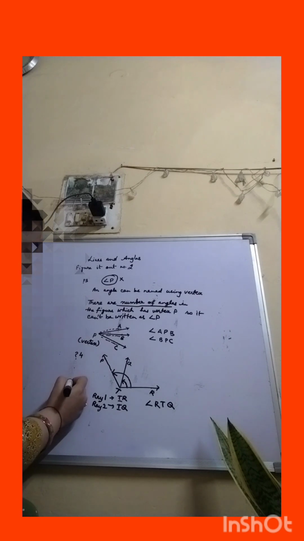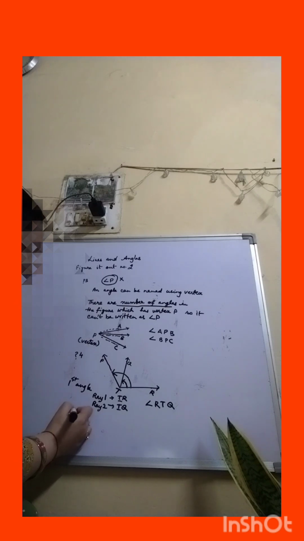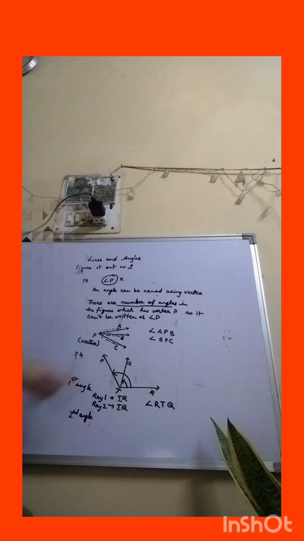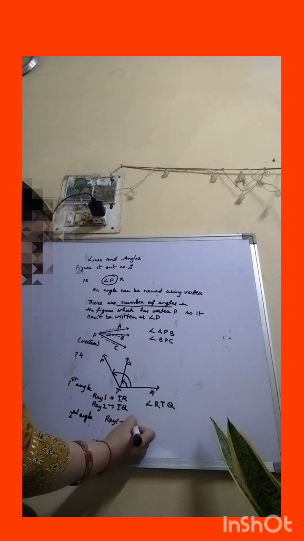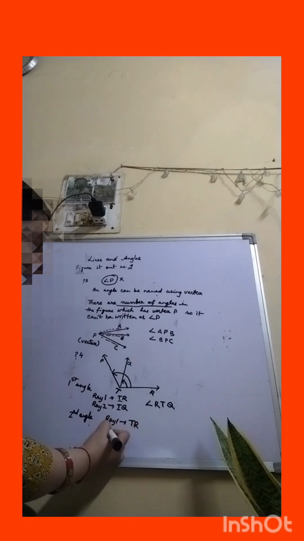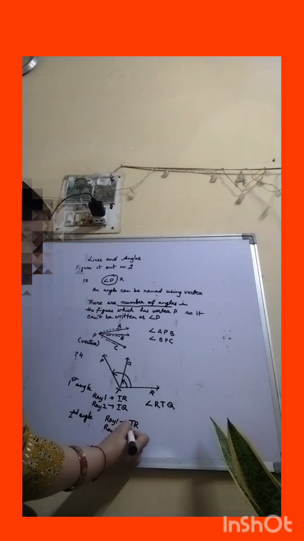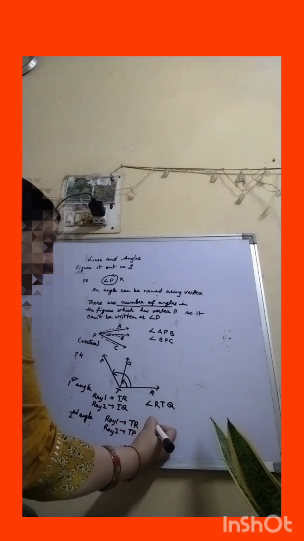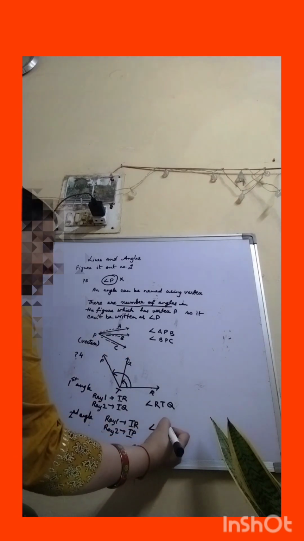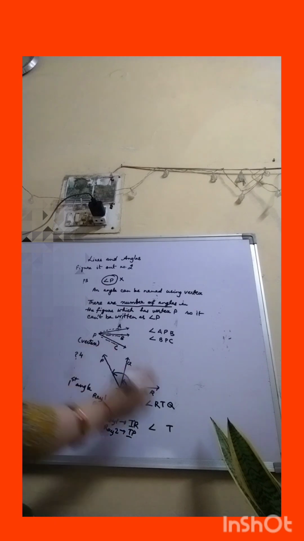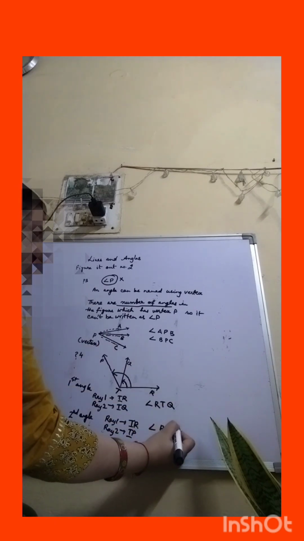So this is first angle, and now this is second angle. Second angle would be, my rays are, ray 1 is TR again, and ray 2 is TP, and what is common again? T is common, so T is the vertex, and other two would become R and P.